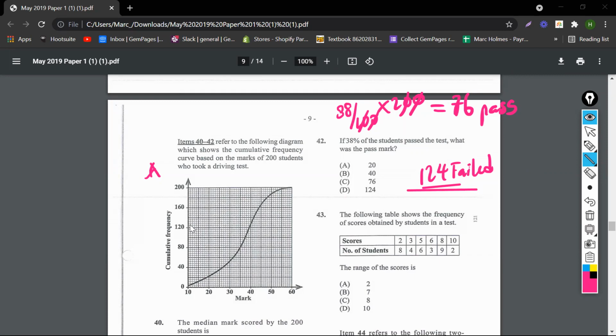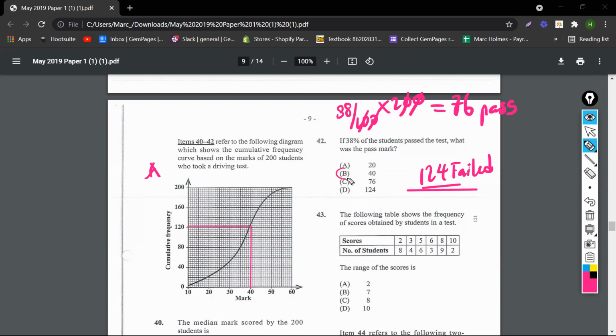And I'm going to go right here. I'm going to mark 124 right here. And I think the pass mark would be 40 then, because 124 students is where the cutoff mark is.